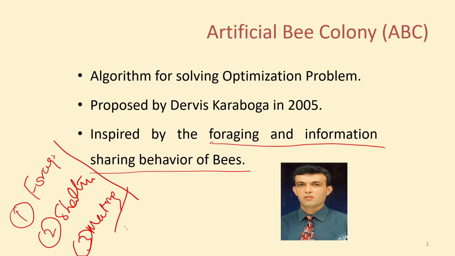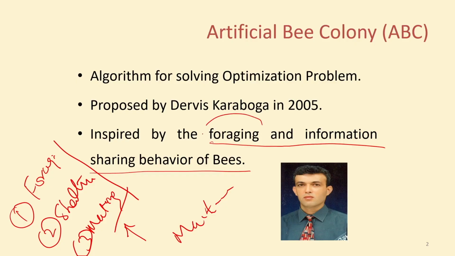All these three behaviors have been taken up while observing nature or biology, and have been mathematically modeled to create an algorithm, and that algorithm is very useful for solving an optimization problem.